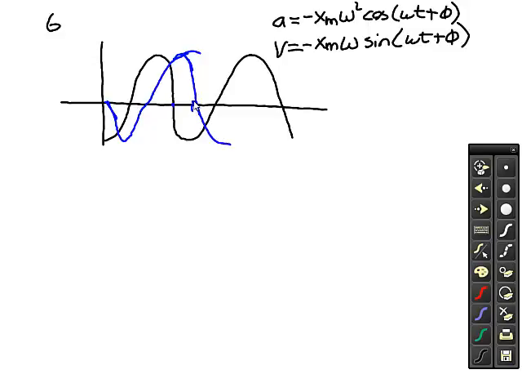But here's the point. If you look at this wave, the black wavy line, that represents acceleration. You look at the blue wavy line, that represents the velocity function. So the question is, how far apart are they? Angularly, how far apart are they? I know from here to here, that's 2 pi, right?